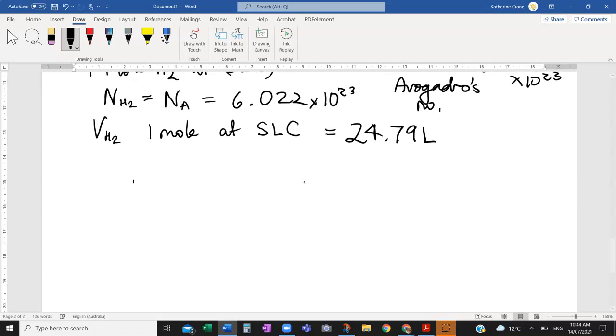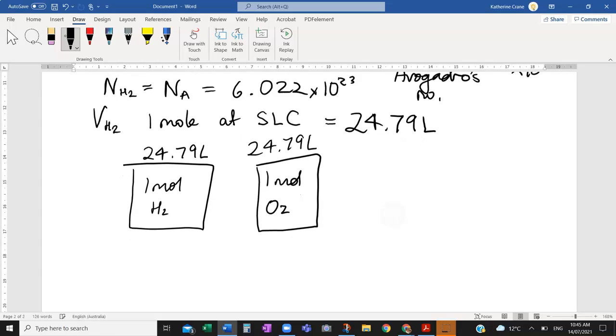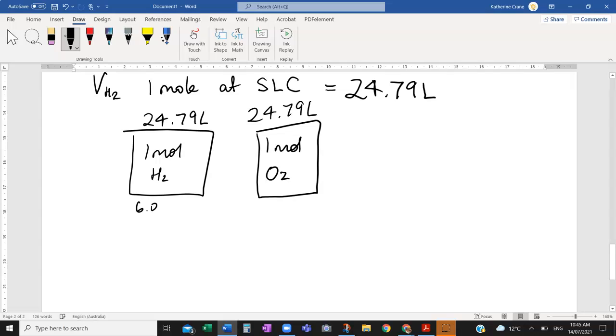So if I have 1 mole of H2, I have 24.79 litres. But if I have 1 mole of O2, I will also have 24.79 litres, and I also will have 6.022 times 10 to the 23 particles, same here.